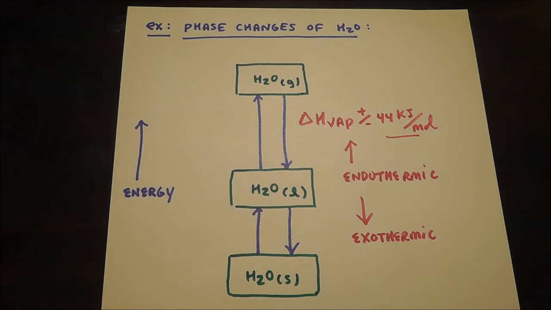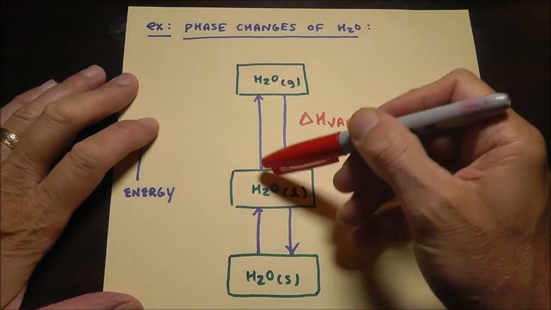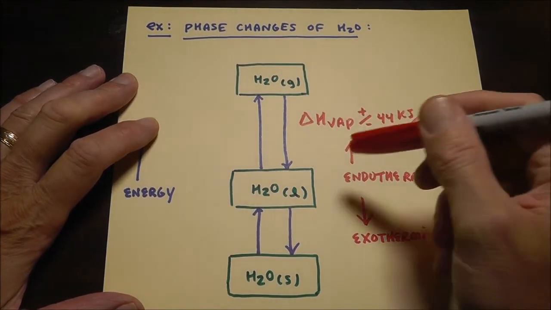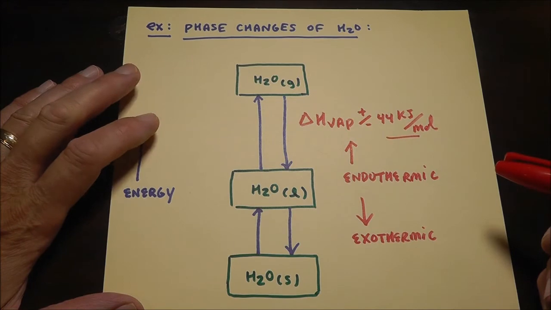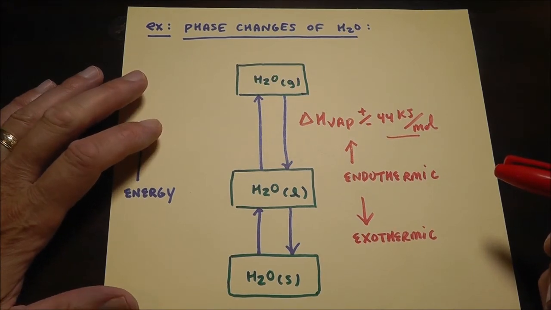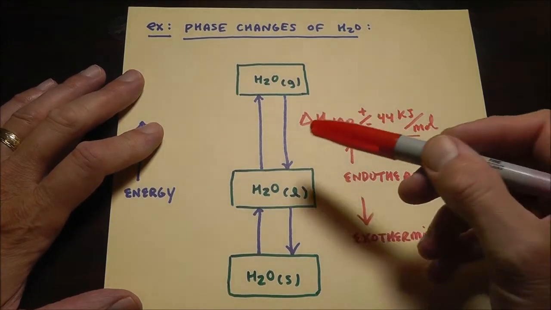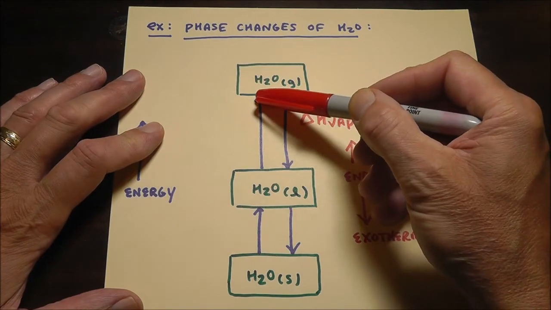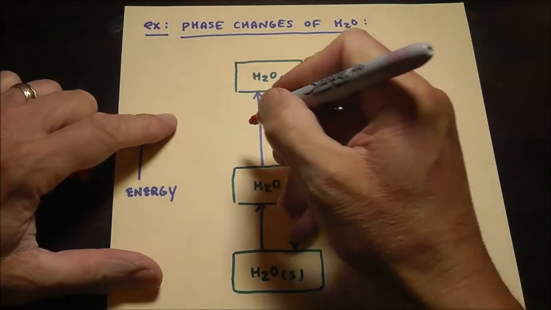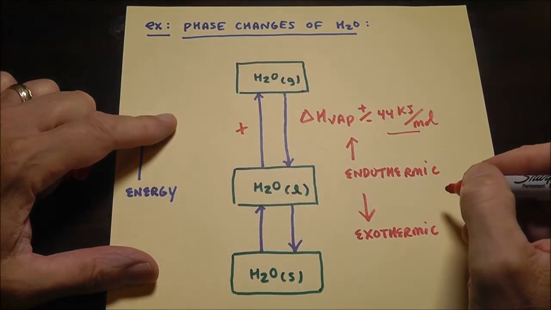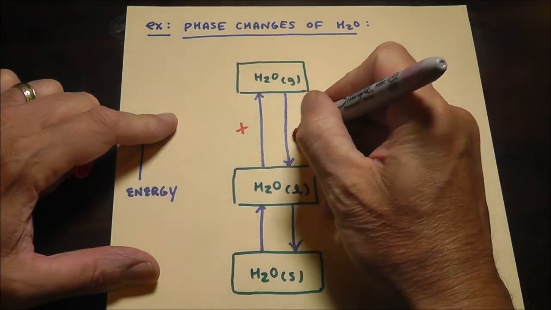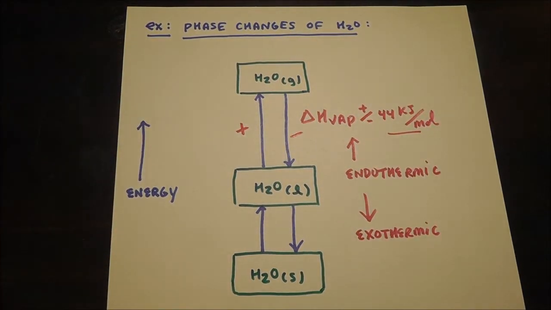It's going to have to take it from you, the surroundings, and now you're the one supplying the heat that would make this liquid vaporize. So sometimes they give it little subscripts like that, delta H of vaporization. It would be positive 44 kilojoules going up to make the liquid vaporize, and it would be negative coming back down. And that's why steam can really burn you.